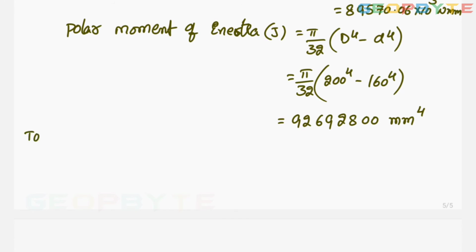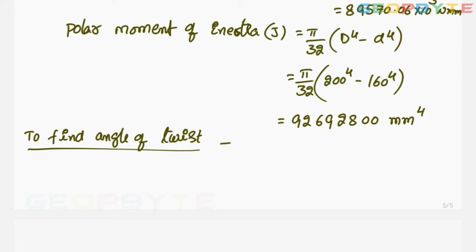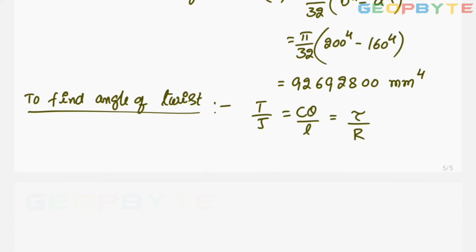You are asked to find the angle of twist. To find the angle of twist, let us take the torsion equation. T by J equal to C theta by L equal to tau by R. That is the torsion equation.